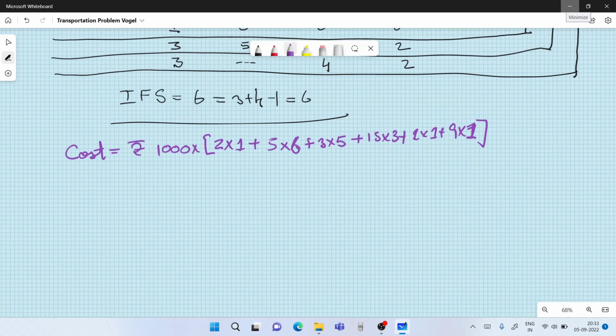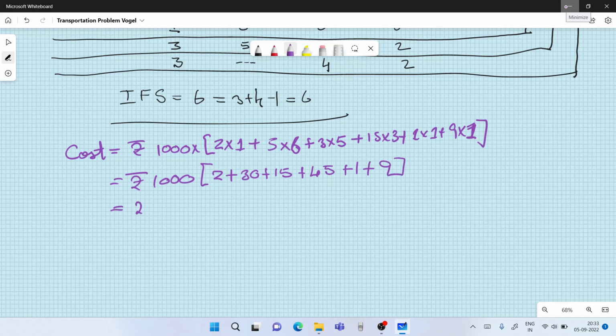Right? So what do we get now? Rupees 1000, 2 plus 30 plus 15 plus 45 plus 1 plus 9. That makes it rupees 1000.